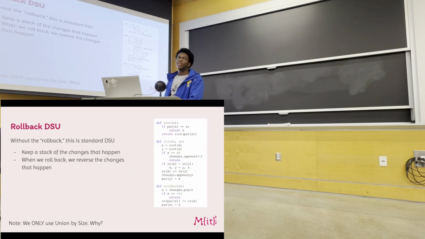All you have to do is keep a move stack of the edges you just added, and then every time you want to roll back, you pop off the stack your last edge addition, and then undo the work we did in the merge. The merge operation is very simple. You don't really lose much information in it. It's O(1), so it's very simple to undo.